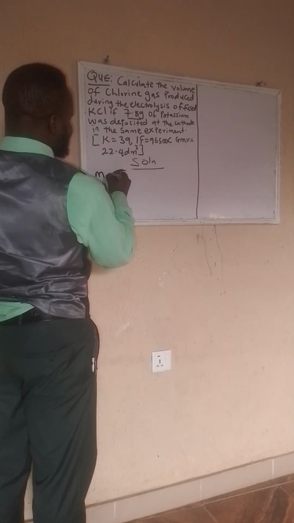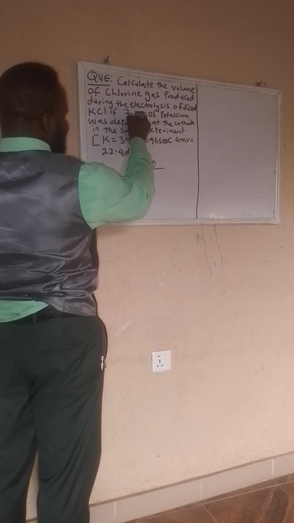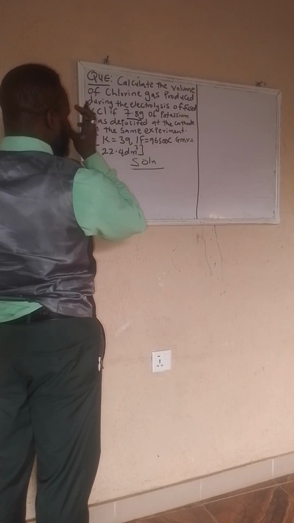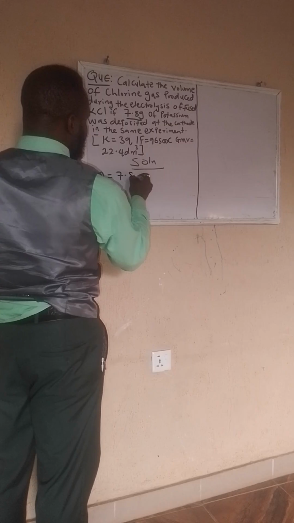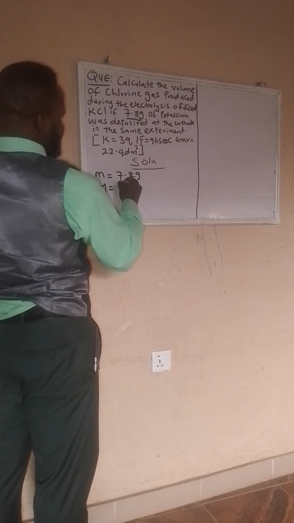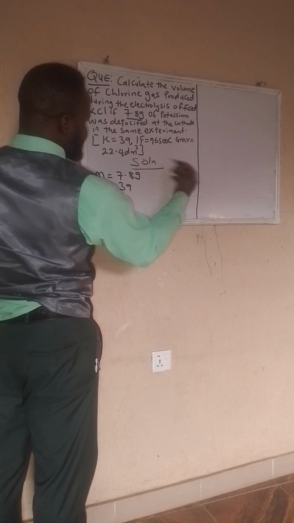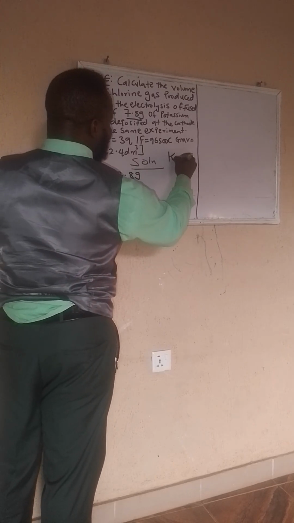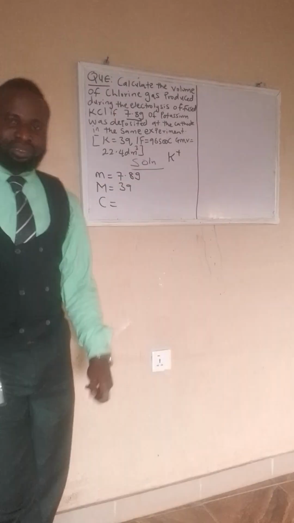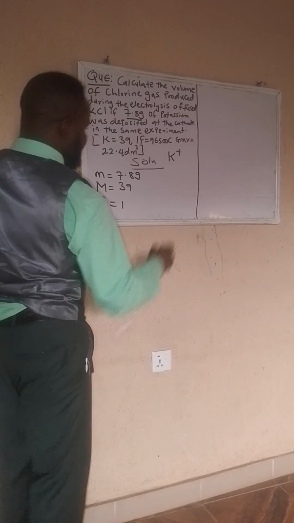The mass of potassium that was deposited during this particular experiment is 7.8 grams. The molar mass of potassium is 39. Of course, potassium has the charge K plus, isn't it? That means the charge on it is going to be 1. Okay?